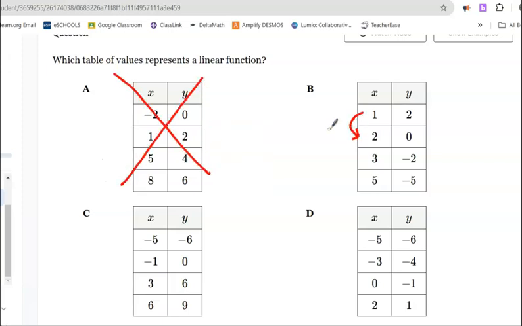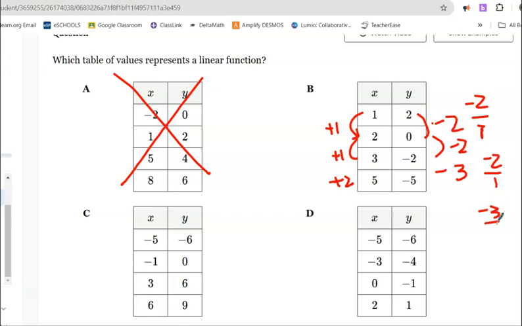Let's go over here. Plus 1, plus 1, plus 2. Minus 2, minus 2, minus 3. All right, our fractions are 2 over 1, negative 2 over 1, and negative 3 over 2. They are not the same.